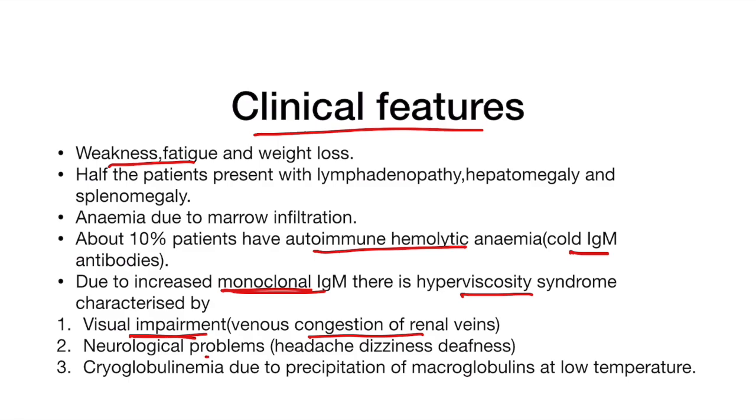Also, there are many neurological problems because of inadequate perfusion by this viscous blood, and this leads to headache, dizziness and deafness. Also cryoglobulinemia is seen. Cryoglobulin stands for this IgM only, because this IgM precipitates at low temperature. That is why we see this cryoglobulinemia, due to the precipitation of macroglobulins at low temperature.